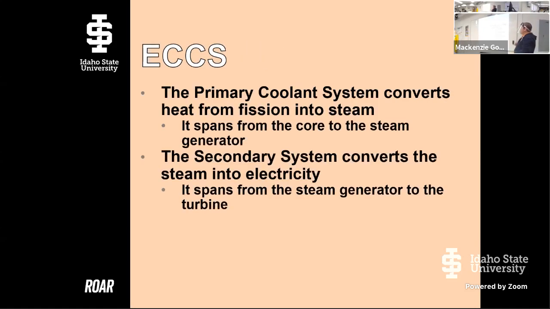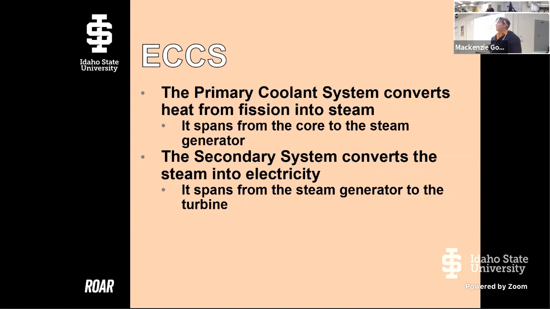Let's talk about emergency core cooling systems, the ECCS. You will need to know this acronym for the rest of your life if you choose this career. It's very common. Emergency core cooling system. Okay? So there's a primary coolant system, okay?